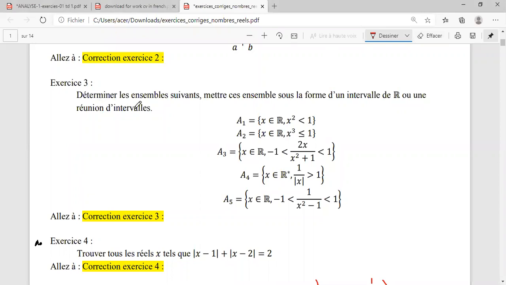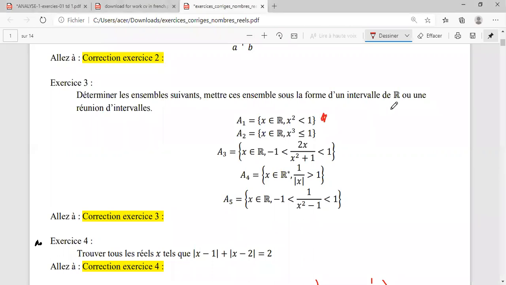So the question is: determine the following sets. We determine A1. A1 that has been given here is x belongs to real numbers and x squared is less than 1. So we determine all possible values that we can have for x in an equation like this.